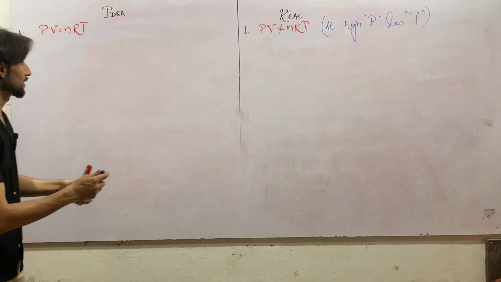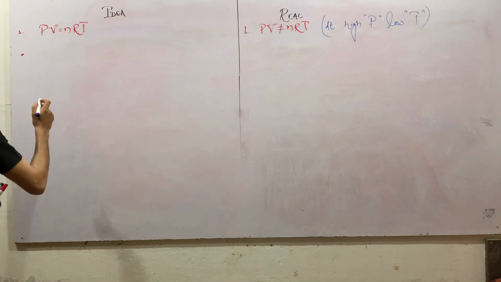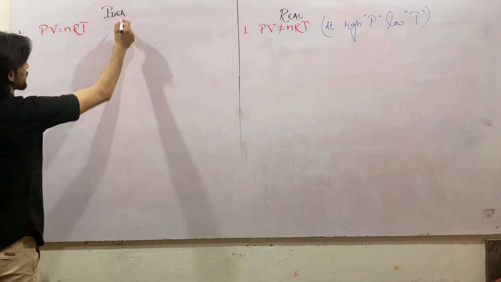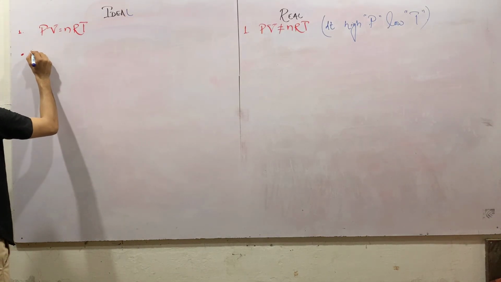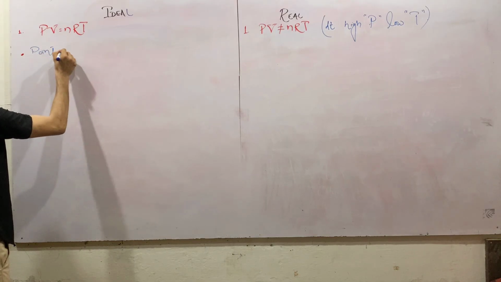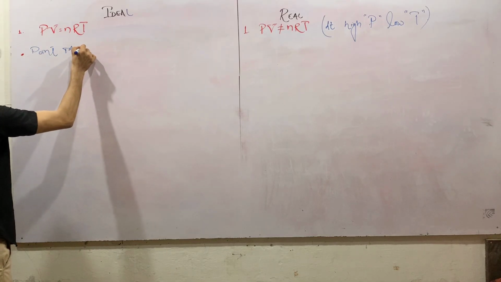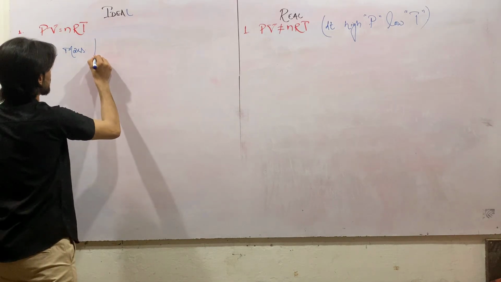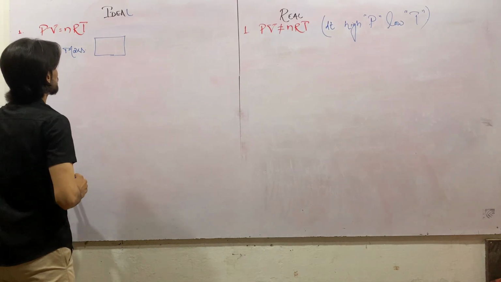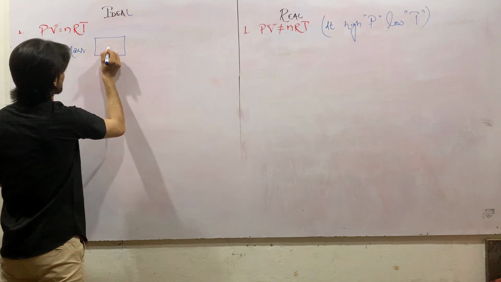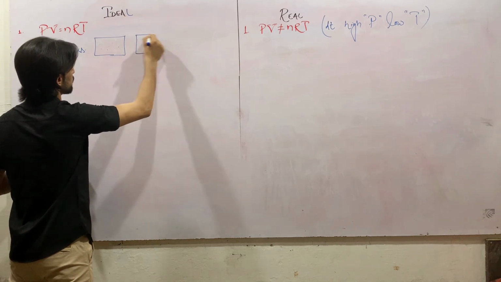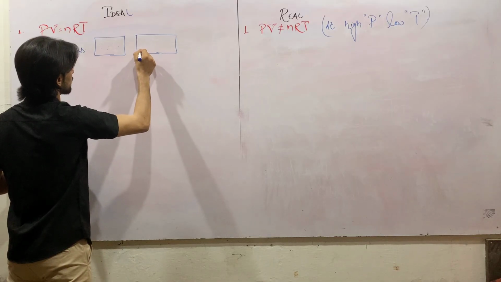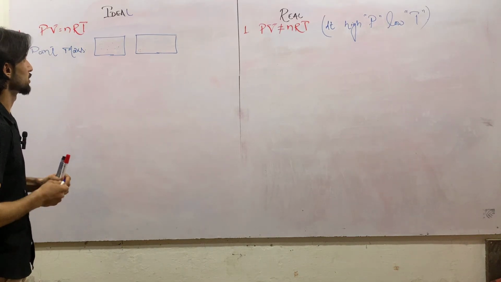First, in the ideal situation we assumed that gas molecules are point masses. So by point mass, what did we mean? We meant that when you combine these molecules together, they do not occupy any considerable space.